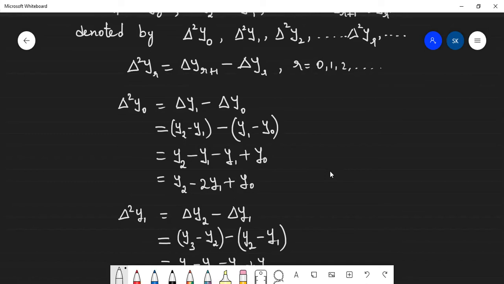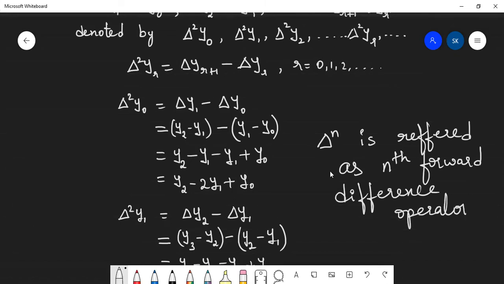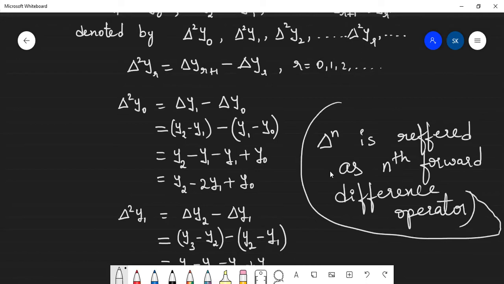In general, delta power n is defined as the nth forward difference operator.